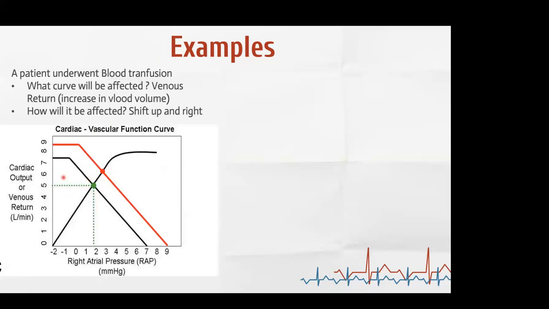The black ones are the original, and the red is the change. So only the venous return graph changed, and it went up. And this is the new normal point. You'll notice that cardiac output also increased. If we don't change the cardiac output graph, that doesn't mean cardiac output will not change. Because you're increasing venous return, you'll definitely increase cardiac output.